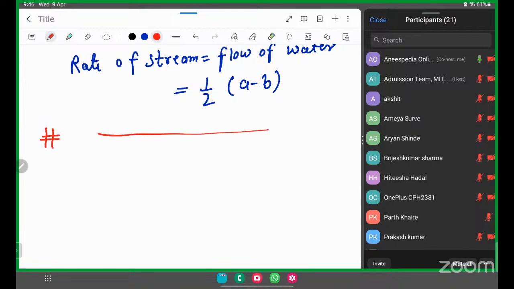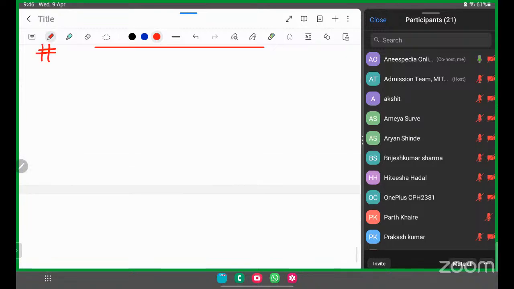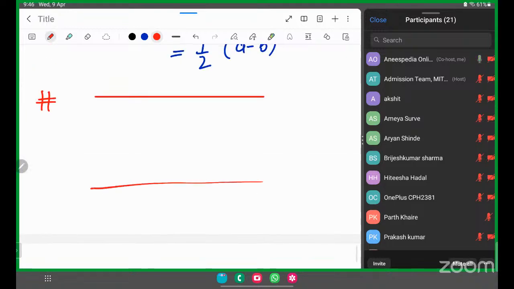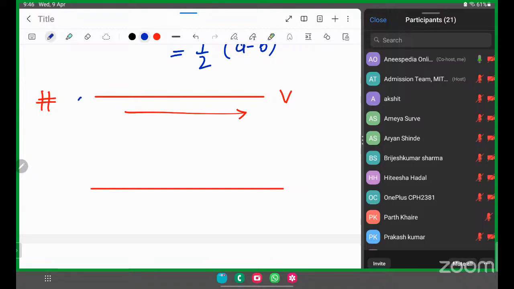let's say this is a river. Speed of river is V in this direction. And there is a person, width is let's say X unit. There is a person who is wishing to cross the river. You want to go from this point to this point.